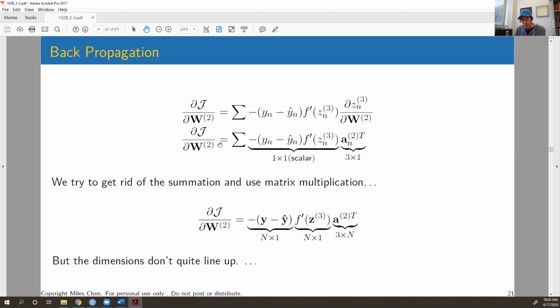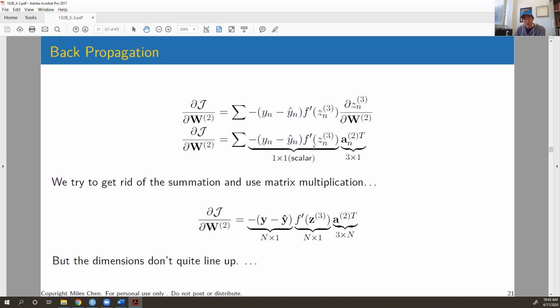The loss with respect to just one of these works out to be a 3 by 1, but rather than summing them up for all of the n's, I want to do that using all of our n terms at once.